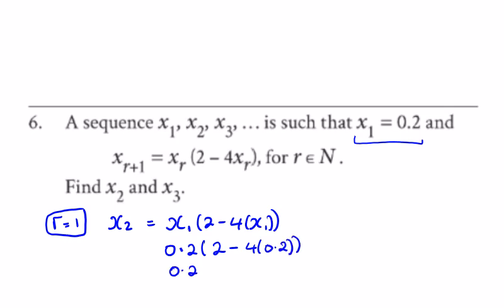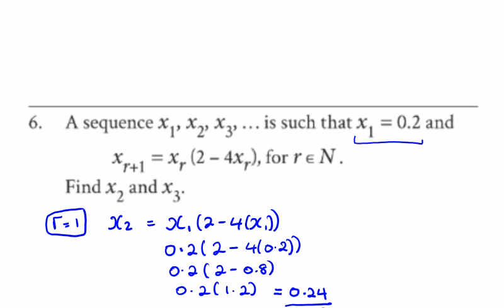So we get 0.2 times (2 minus 0.8), which is 0.2 times 1.2. And 0.2 times 1.2 is a fifth of 1.2, which is 0.24. Or 2 times 12 is 24, 2 decimals, 0.24.